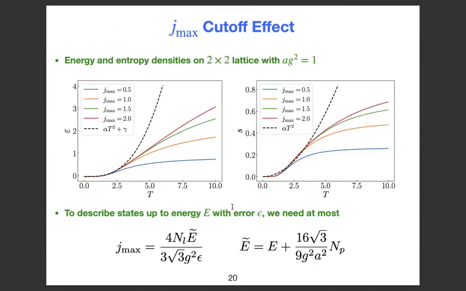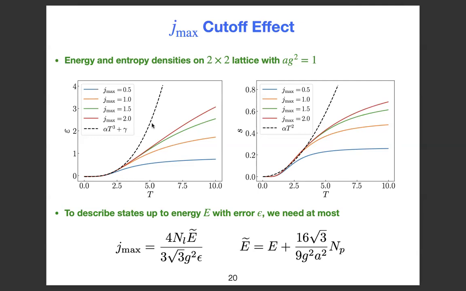Okay, so here is some systematics of the calculation. First, we want to understand the J_max cutoff effect. And here I just study a 2x2 honeycomb lattice with the coupling fixed to be 1. And then I calculate the energy density and the entropy density as functions of temperature.